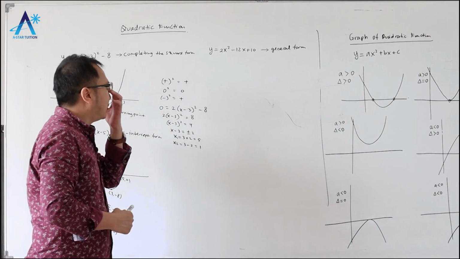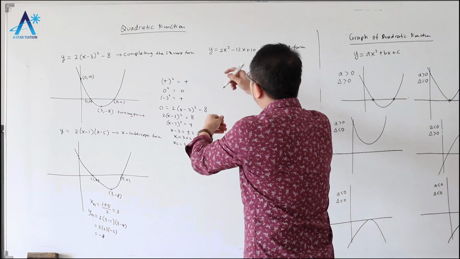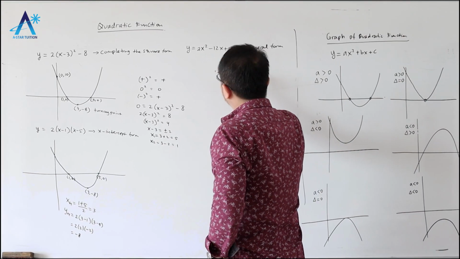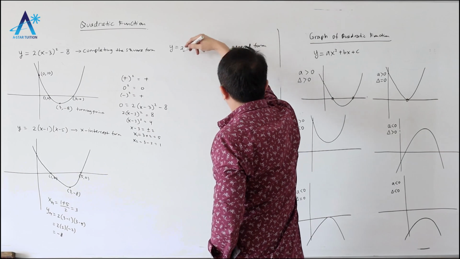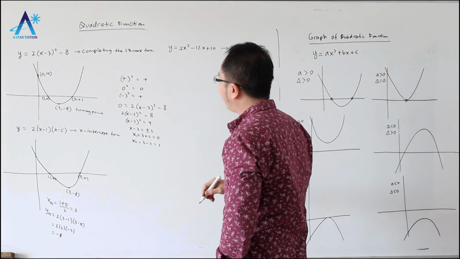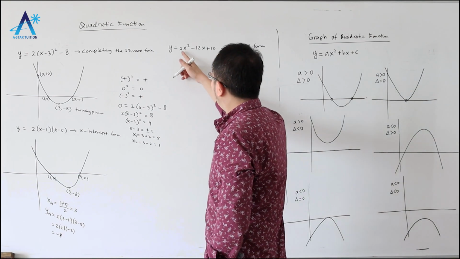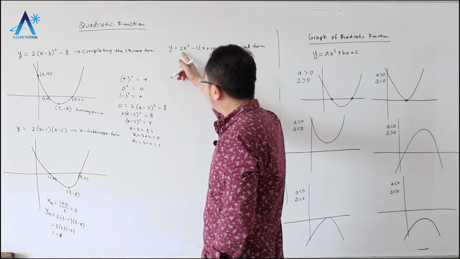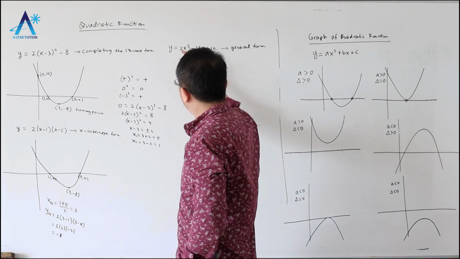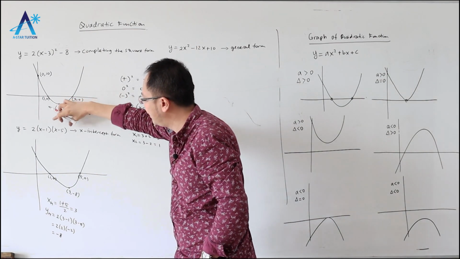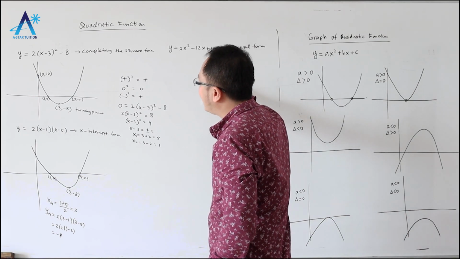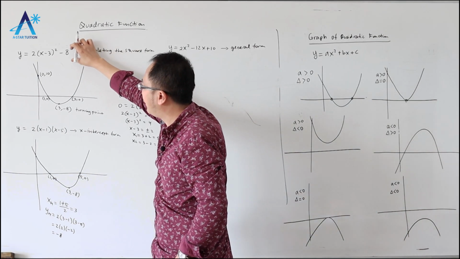For the last form of the equation, because we are presented with the general form, again you have two options. If this can be factorized, you can present it in the following form. If it can't be factorized, then you can only present it in the following form.